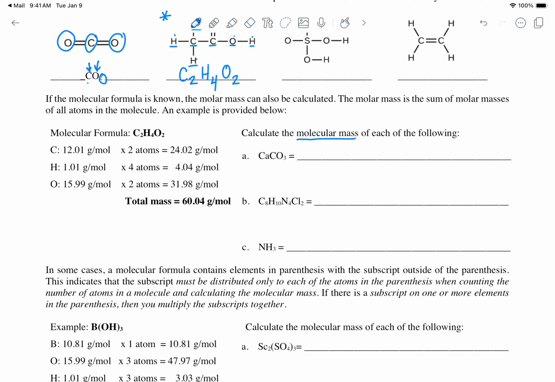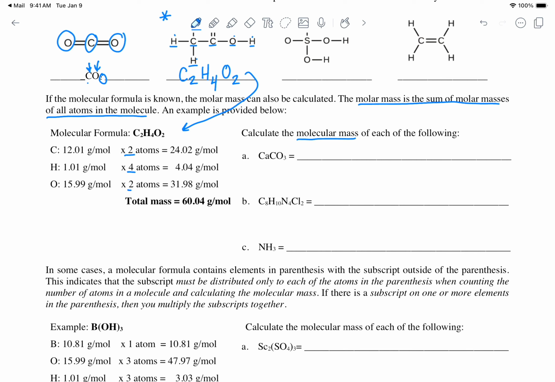So the molar mass of a compound is the sum of the molar masses of all of the atoms in that molecule. So our example is that C2H4O2 from here up above. Okay, and we said that there are 2 atoms of carbon, 4 atoms of hydrogen, and 2 atoms of oxygen.